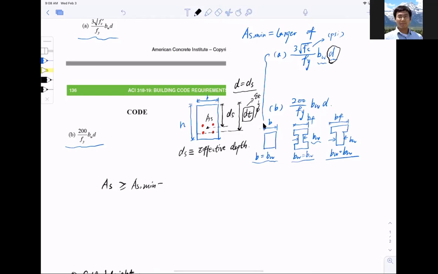And As min equal to the larger of 3 square root f'c over fy times bw d, and 200 over fy times bw d. Now I forgot one thing, the fy is the yield strength of the steel.